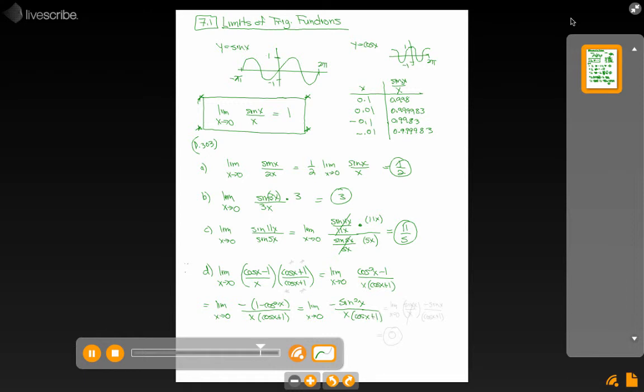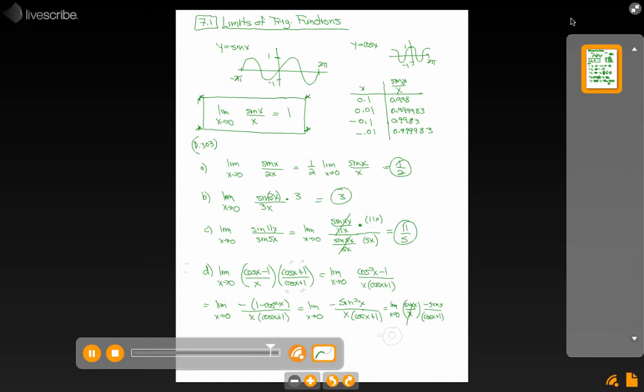Now that doesn't seem a lot better, but the only reason why I can't just put 0 in is because of that x in the denominator. And what we have here now is we can say, well, we know that the limit as x approaches 0 of sine x over x gives me 1. So what else do I have here? I still have a negative sine x on top, and I have a cos x plus 1 on the bottom.